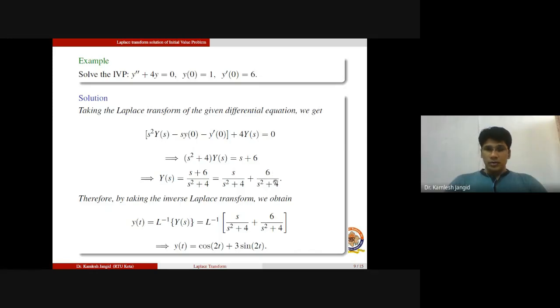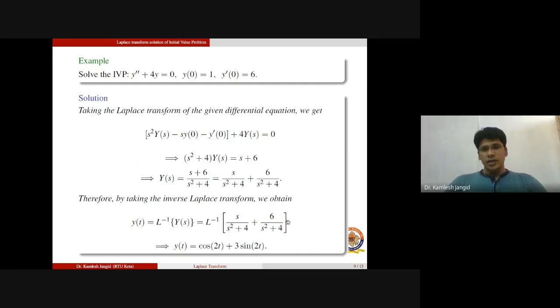Now, to find the value of small y, we need to take the inverse Laplace transform of this term, and we know that the inverse Laplace transform of this first term is cos of 2t, because this is the Laplace transform of cos of 2t, and this is the Laplace transform of sine of 2t with some constant multiplication. So now take the inverse Laplace transform of this relation, then we get y as a function of t, which equals the inverse Laplace transform of capital Y, equals L inverse of each term here.